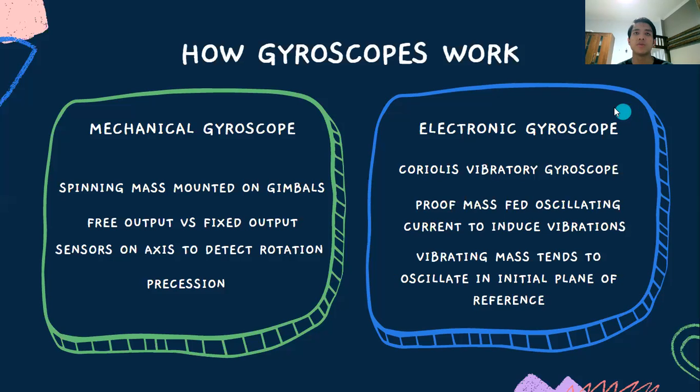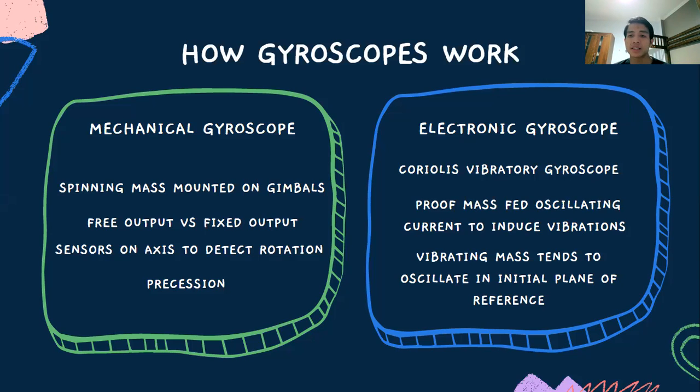How do gyroscopes work? From what I've read before, I found that they are divided into two: the mechanical gyroscope and the electronic gyroscope. The mechanical gyroscope depends on a spinning mass mounted on gimbals, and there are two kinds of mechanical that I found before: a free output and a fixed output.